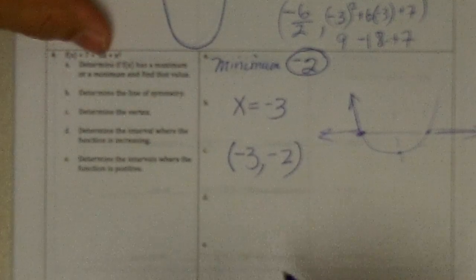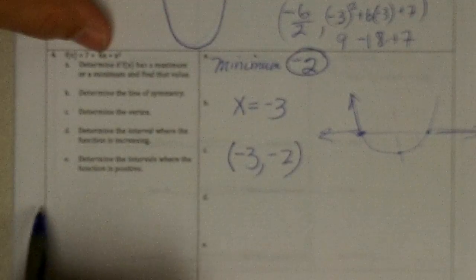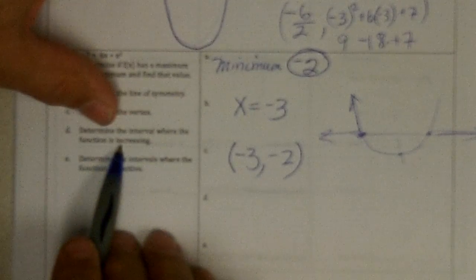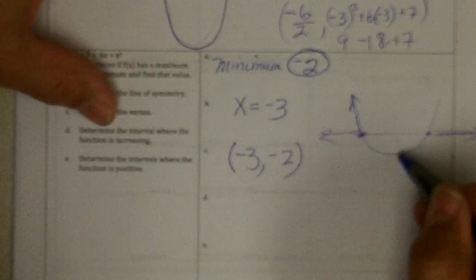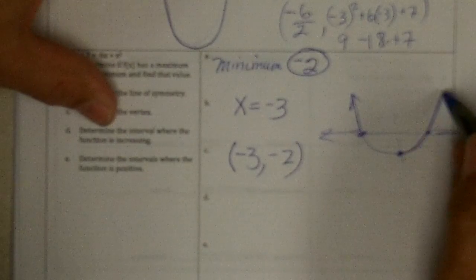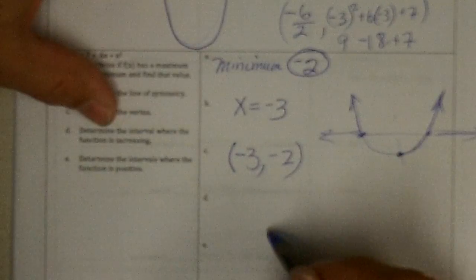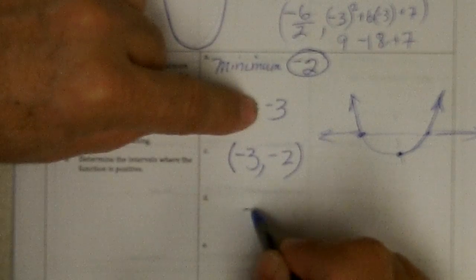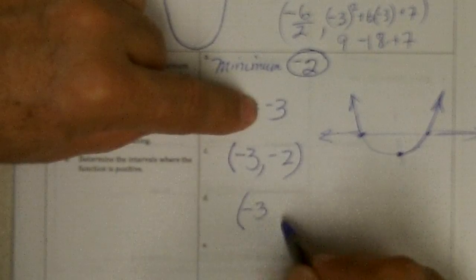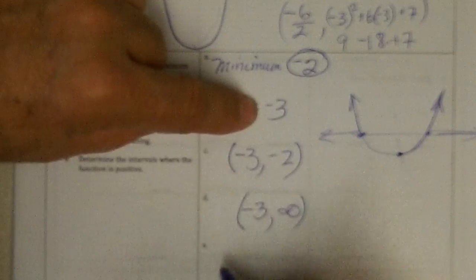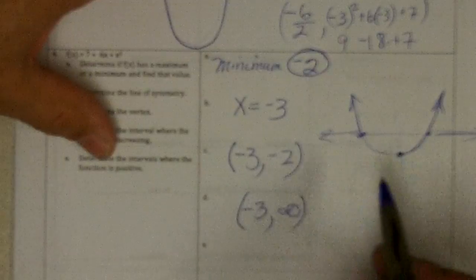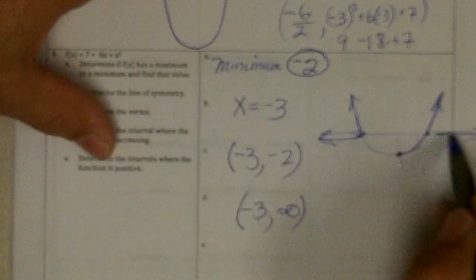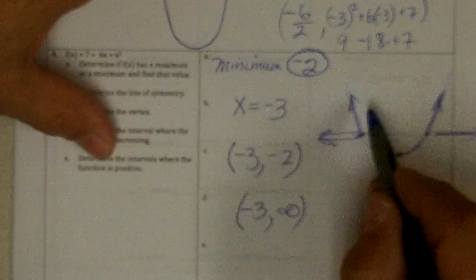So that calls for the quadratic. Oh, wait a minute, I'm supposed to do increasing and decreasing first. Increasing. Well, it'd be increasing from here on up, not including there. So there is at x equals minus 3. So I wouldn't include it, but on to infinity. And now I can find out where it's positive, which is each of these wings. For these x's and those x's, it's positive.